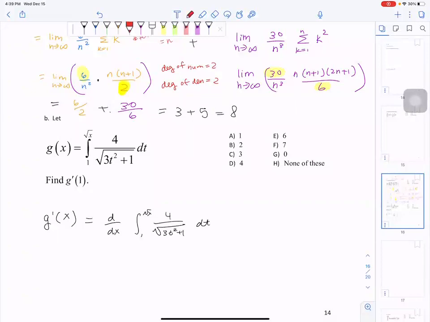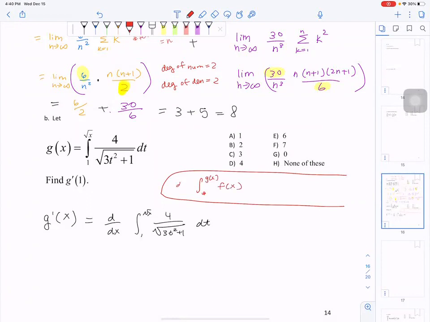Now, what did I say the rule for fundamental theorem of calculus was? If you're doing the derivative of some number to g of x of f of t, let me do the same variable so it looks the same, like this dt.